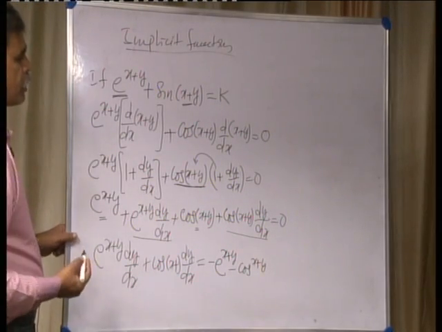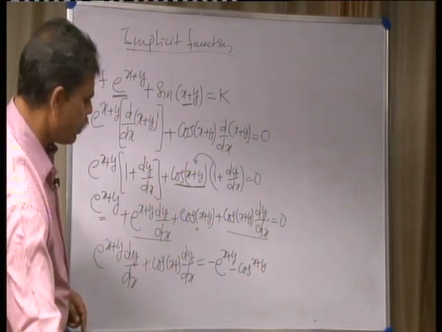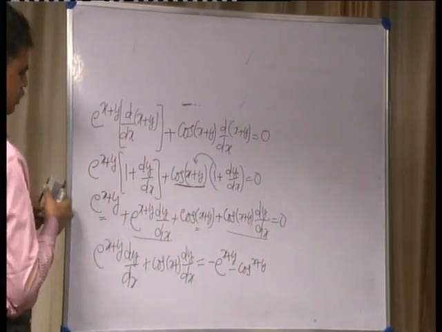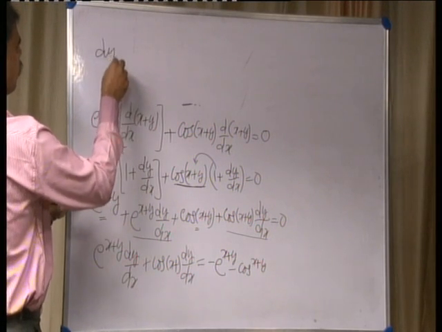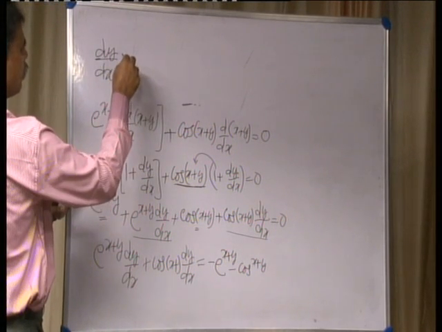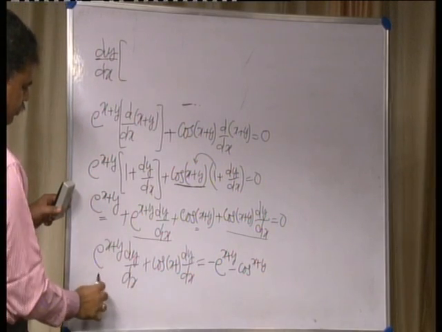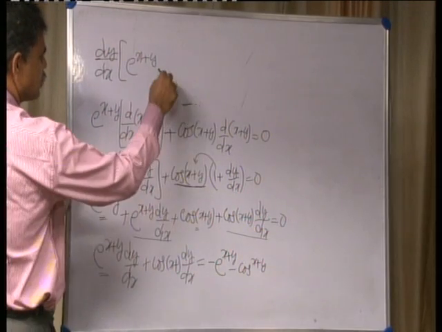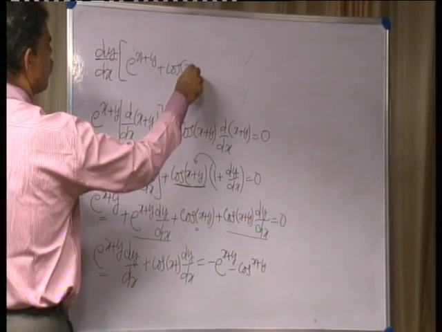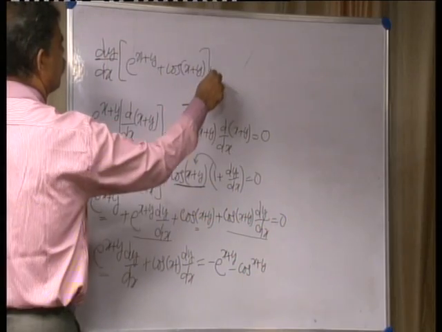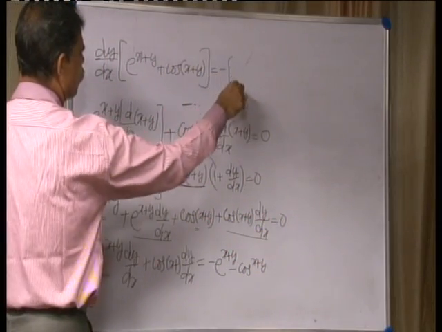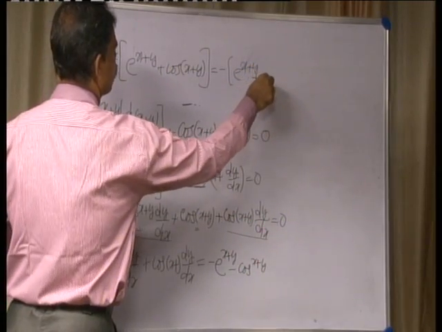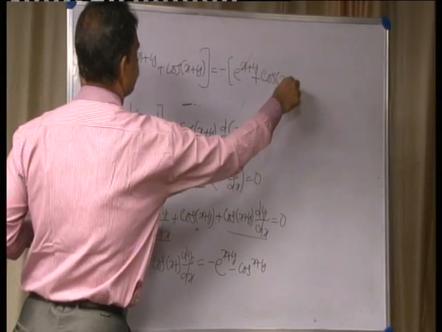You take dy by dx common. What remains? E to the power of x plus y plus cos of x plus y is equal to minus, you take minus common, e to the power of x plus y plus cos of x plus y.